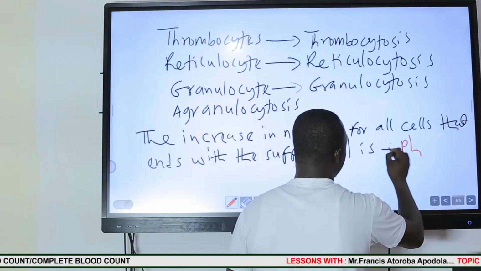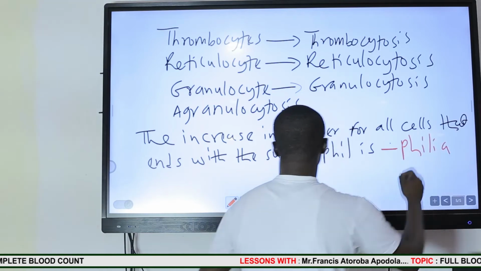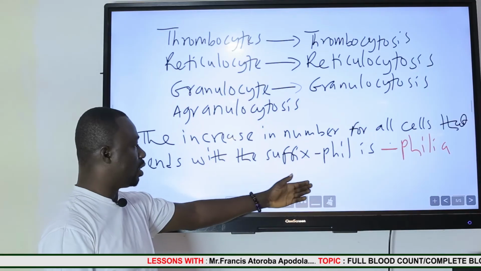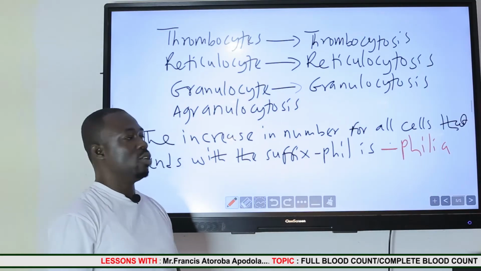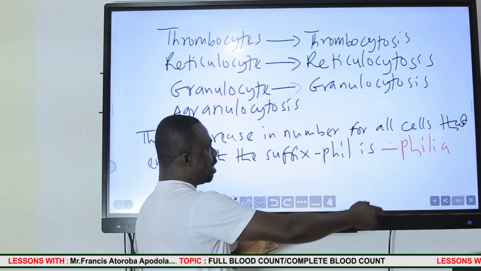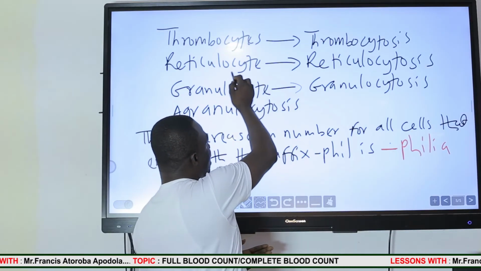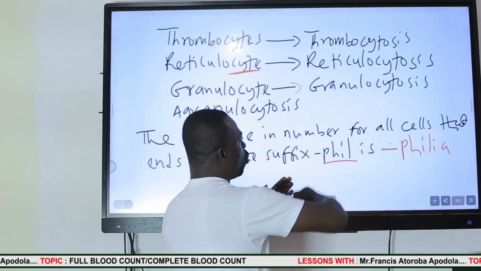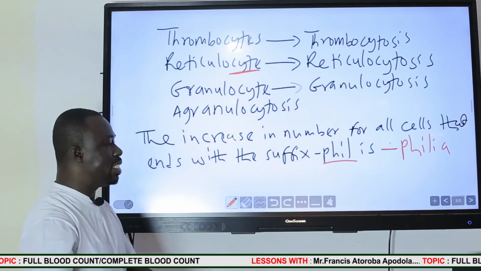So all the cells whose name ends with phil, the increased level will end with philia. The terms for the increased level of those ending with cyte will pick the cyte. Those ending with phil, it will pick the phil. So philia means an increased number.